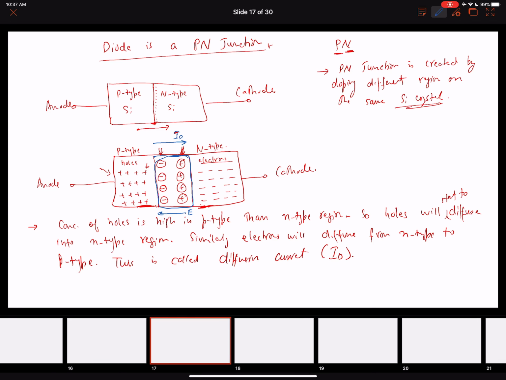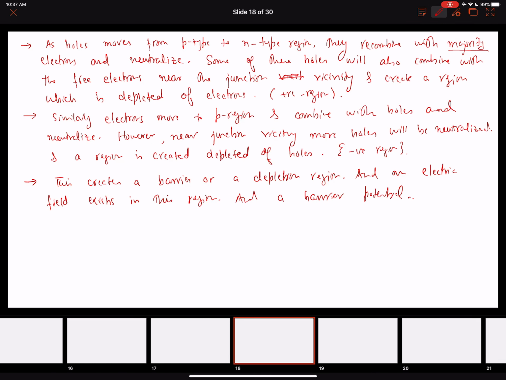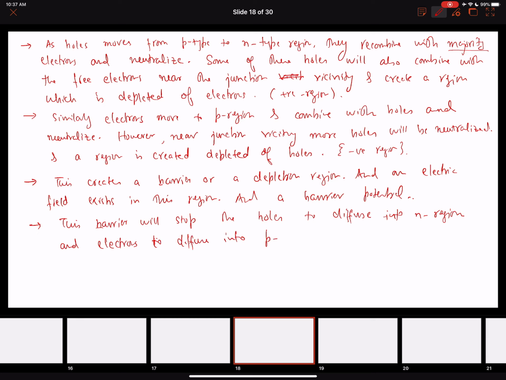So this barrier will stop the holes from diffusing into the N region and electrons from diffusing into the P region, right?